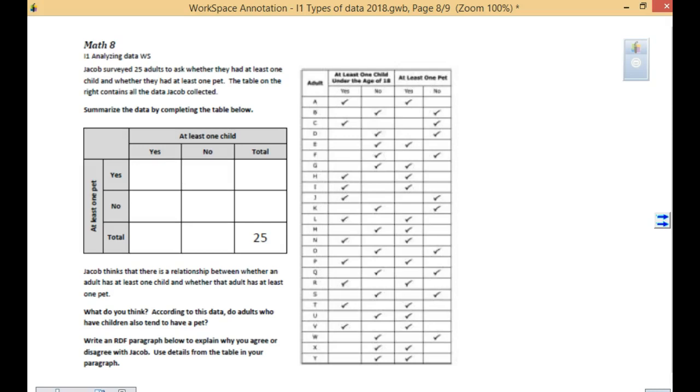If they came to my house and asked me this, I have one child under 18, and then I would have also answered, do you have at least one pet? I would have been yes and yes for myself. I have one child still living with us that is under 18. Okay? I have one pet, right? So, yes, yes.